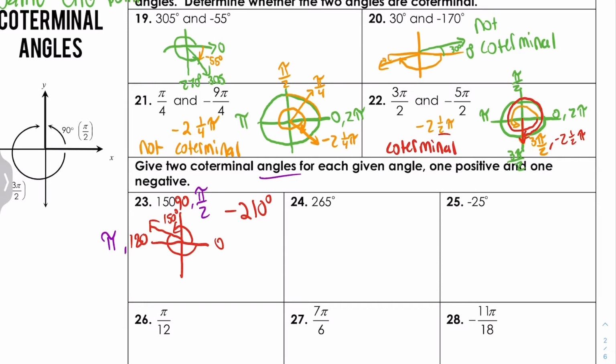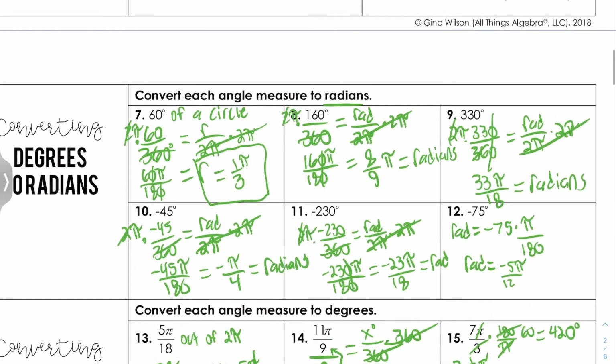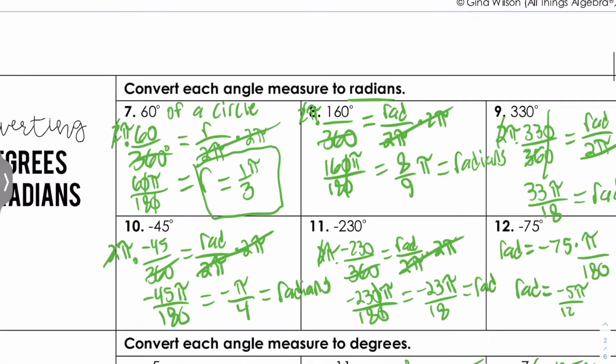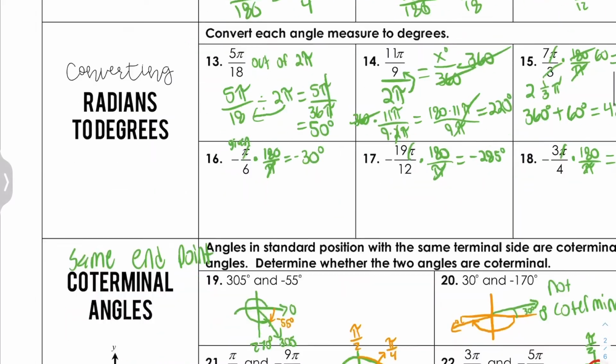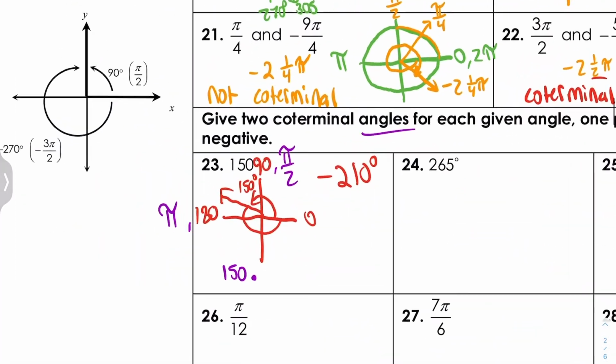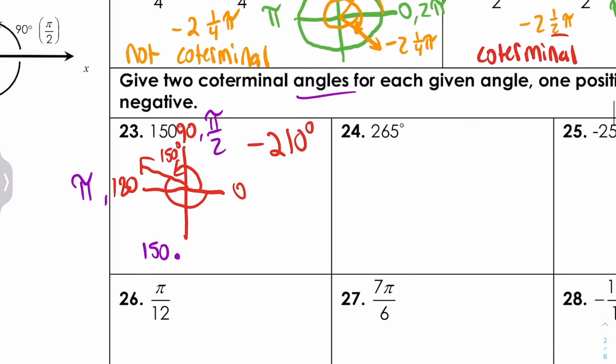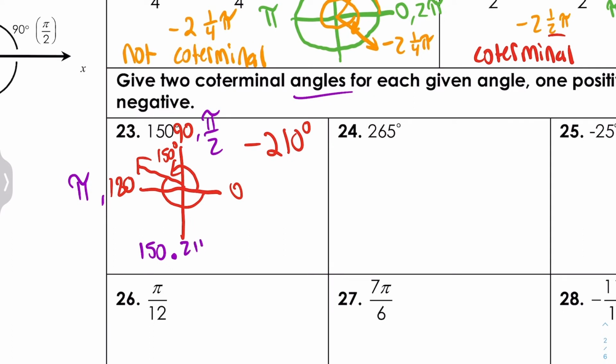So in between pi over 2 and pi, let's just do the regular conversion. 150 times, and let's look at what we did earlier, we need to do a times 2 pi and divided by 360. 150 times 2 pi divided by 360.